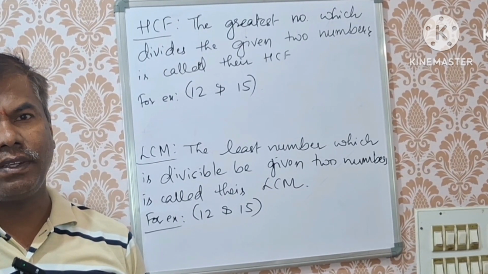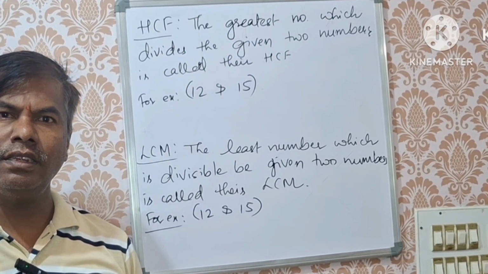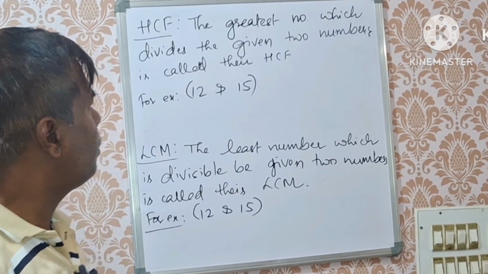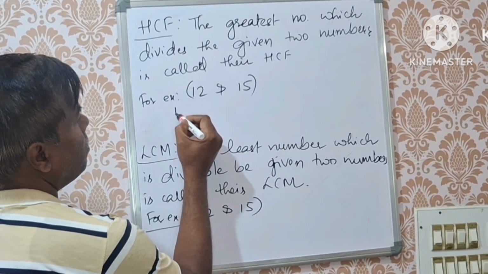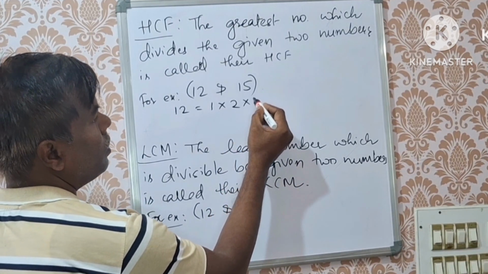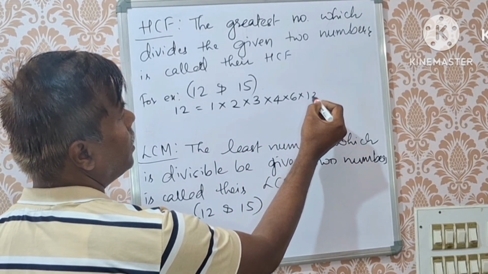HCF, highest common factor. The greatest number which divides the given two numbers is called the highest common factor. For example, find the highest common factor of 12 and 15. Factors of 12 are 1, 2, 3, 4, 6 and 12.